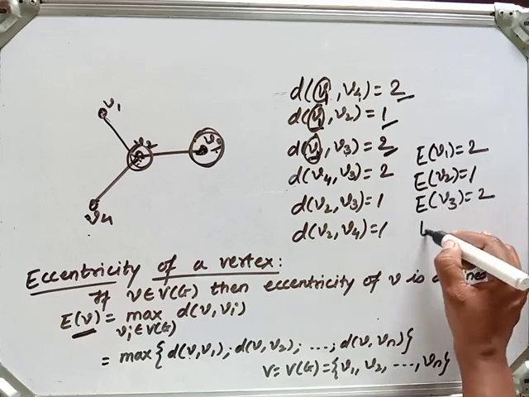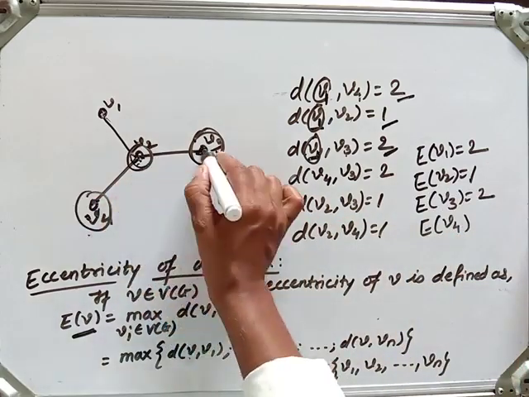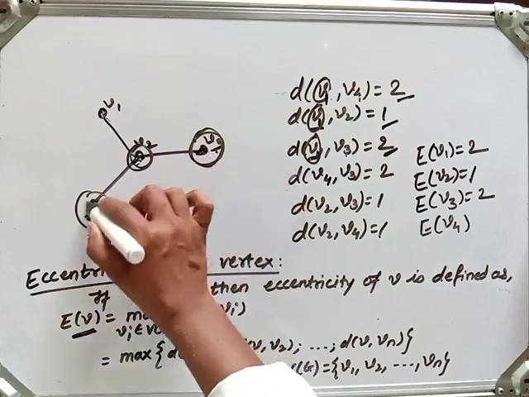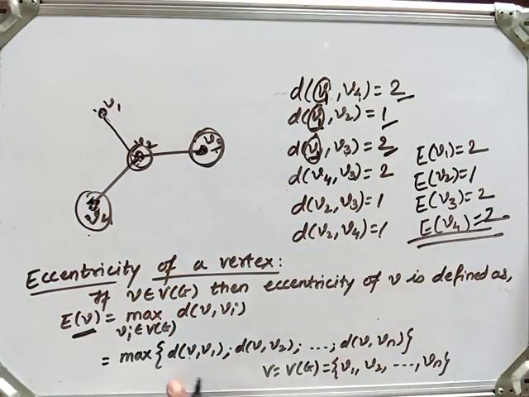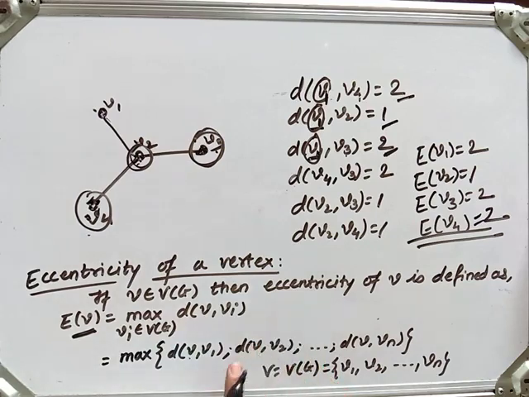And the eccentricity of V4: from V2 it is at distance 1, but from V3 and V1 it is at distance 2, so it is also 2. The maximum distance from the other vertices is the eccentricity. Fine. Now the next part, the center of a tree, we will see in the next video.